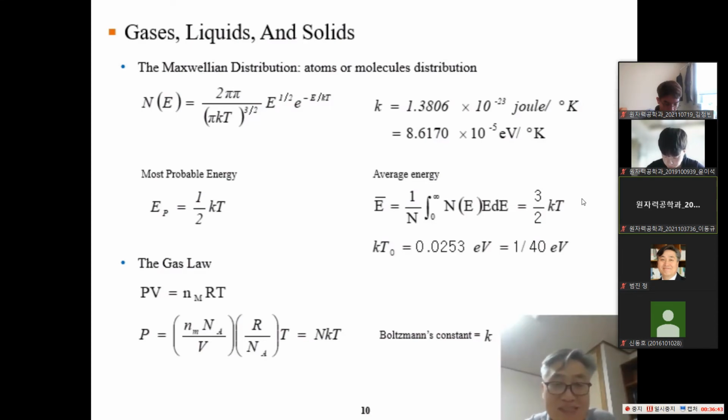So, this is the gas law. PV equals nRT. We learned this at high school level.